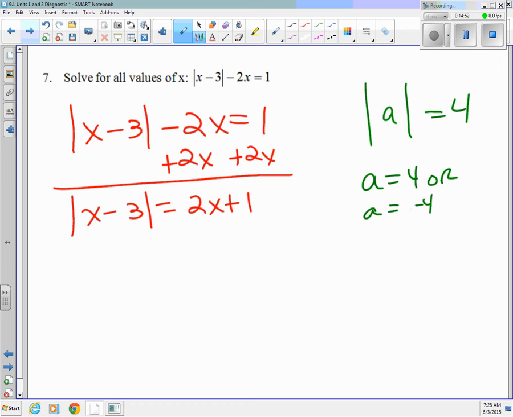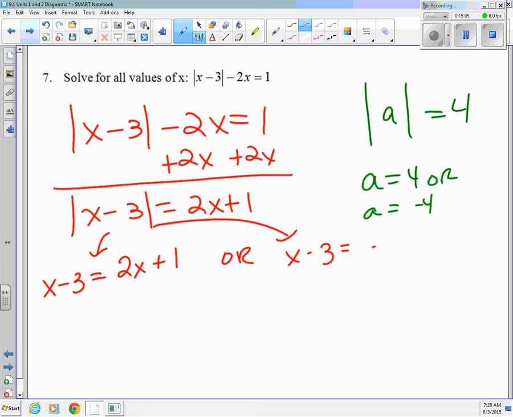So that's exactly what happens here. The x minus 3 could be the positive version of what's on the other side, or the x minus 3 could be the negative of the thing on the other side. That's how the absolute values could be the same. They're either the same thing or they're opposites of each other.